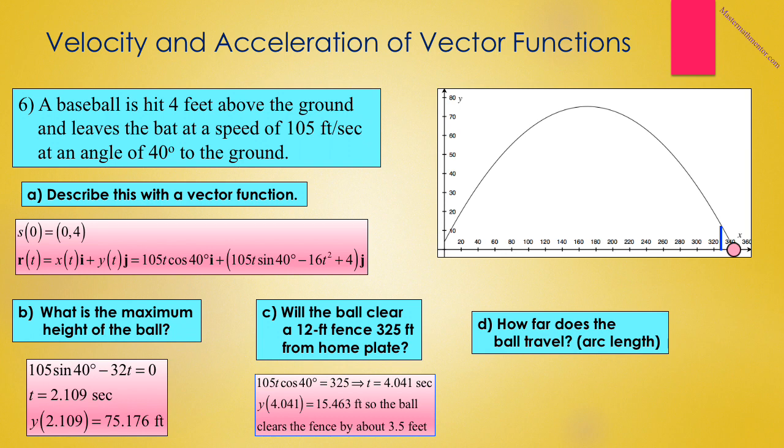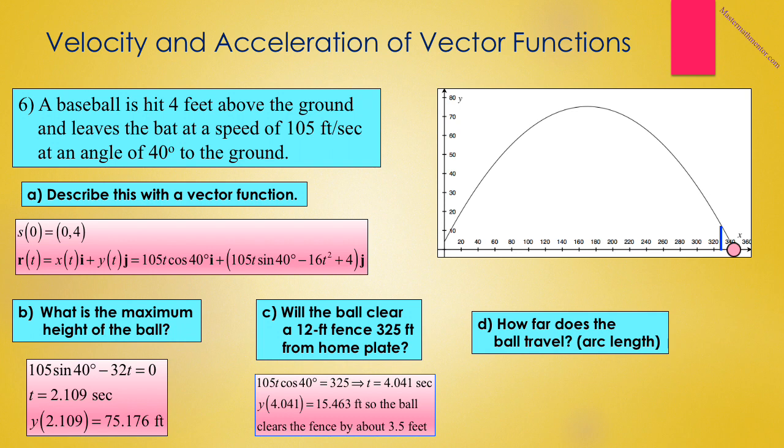Part C asks, will the ball clear a 12-foot fence 325 feet from the home plate? It is really asking whether it is a home run. You can see by the picture it is very, very close. In order to do this, we need to know the value of t when the ball is 325 feet from home plate.